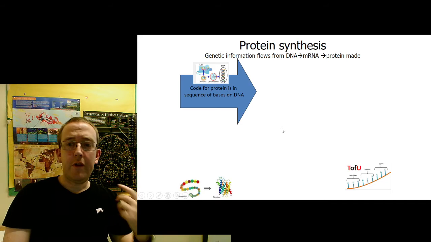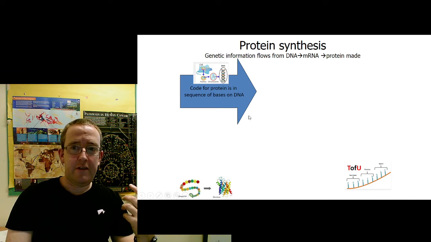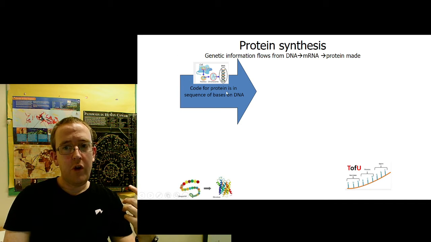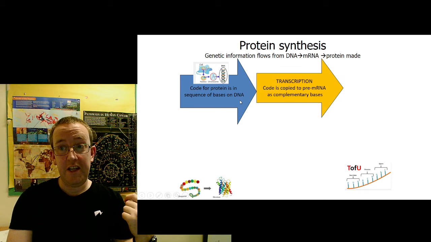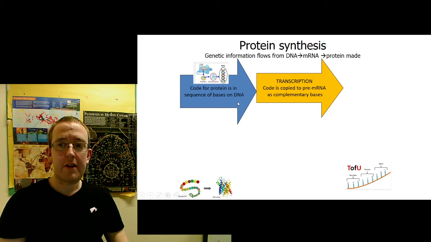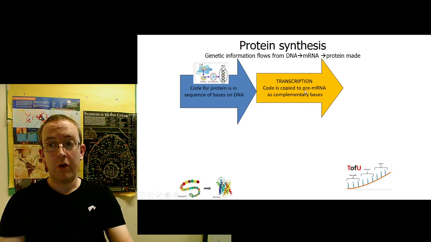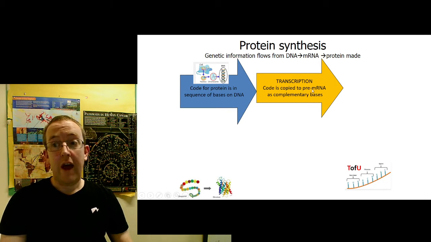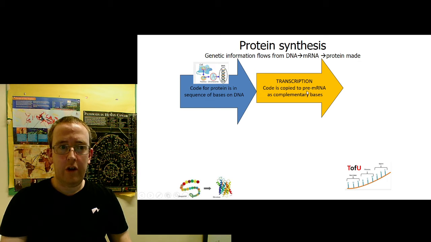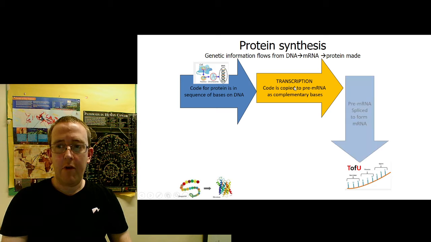So, if we're going to look at an overview of how protein synthesis works, you start, of course, with the code for the protein on the basis of the DNA. You then get a process called transcription, which is copying out. Depending on who your GCSE teacher was, they might have mentioned the word transcription to you. It's transcribed into this sort of messenger molecule, which we now know is called mRNA. At this point, though, it still needs a bit of work done to it, so it's called pre-mRNA.